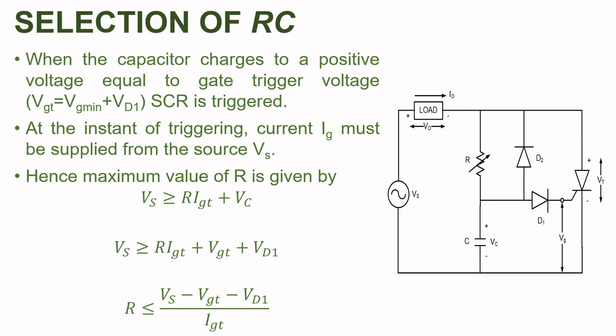Thus, we are getting Vs should be greater than or equal to R multiplied by IGT plus VGT plus VD1. From this equation, we can derive the value of R, which is given by R should be less than or equal to Vs minus VGT minus VD1 divided by IGT. Using this equation, we will be able to design the RC triggering circuit of SCR.